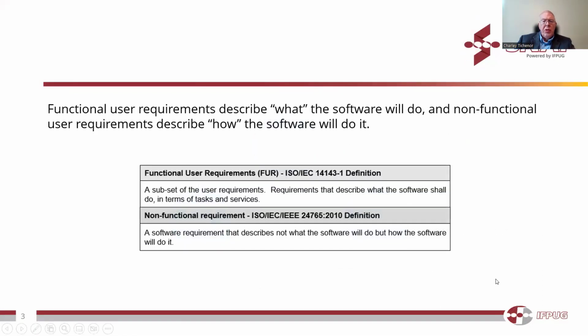Functional user requirements describe what the software will do, and non-functional user requirements describe how the software will do it. In IFPUG, functional user requirements are external inputs, external outputs, external inquiries, internal logical files, and external interface files.